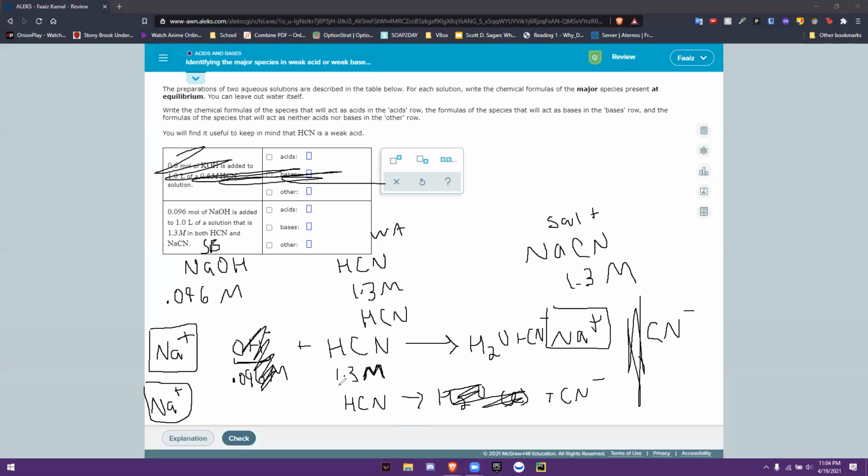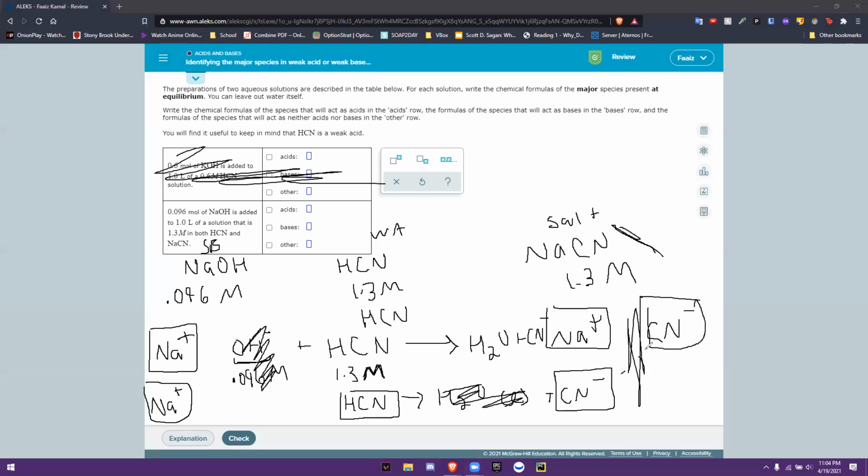So in the end, you end up with the HCN that was left over from this reaction with OH minus, the CN minus that was produced from this reaction with the HCN and OH minus, and the CN minus from this salt right here, which I'm sure does something in the equation, but you just pretend it doesn't because it makes it much simpler.